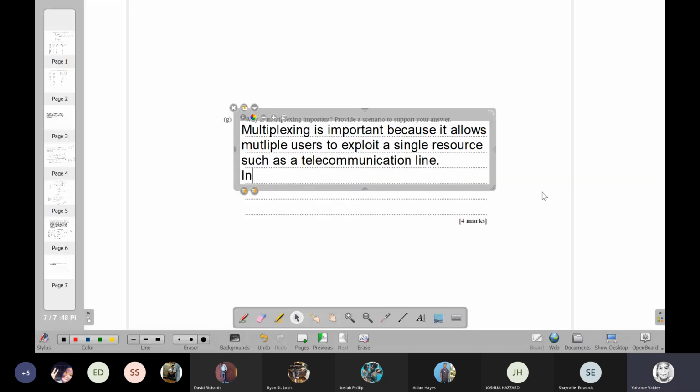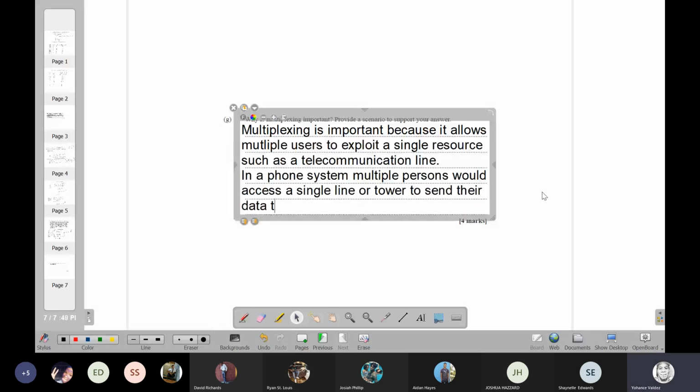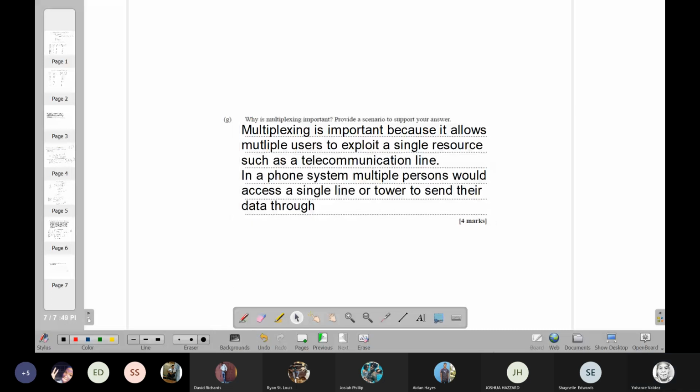In a phone system, multiple persons would access a single line or tower to send their data through. Okay, so that's why multiplexing is important. And just like that, we finished question 1 on this paper.